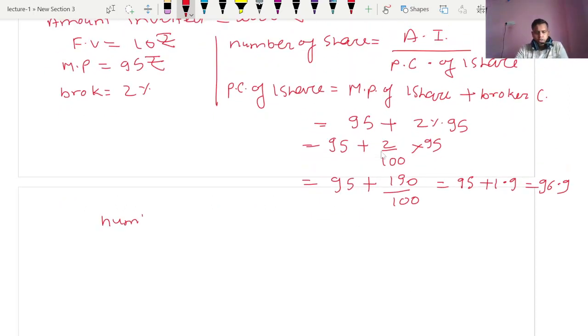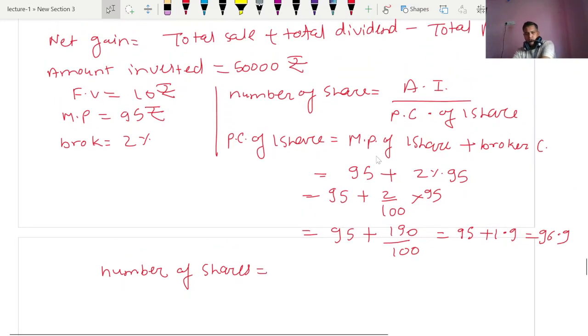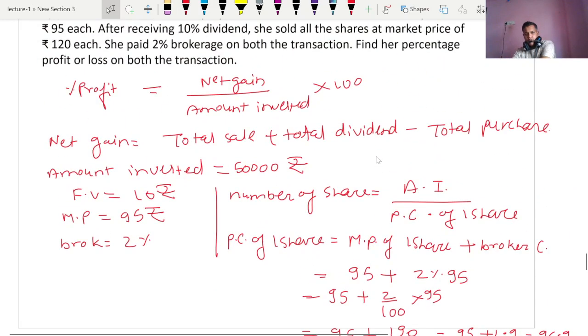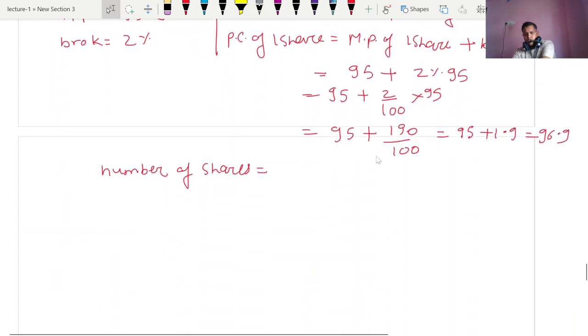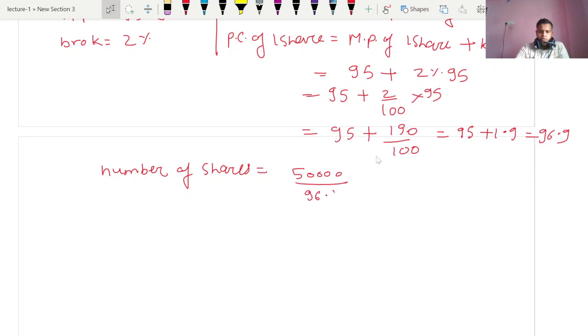Therefore, number of shares is equal to what? Amount invested is 50,000 rupees, correct? So 50,000 divided by purchase cost of one share, 96.9.